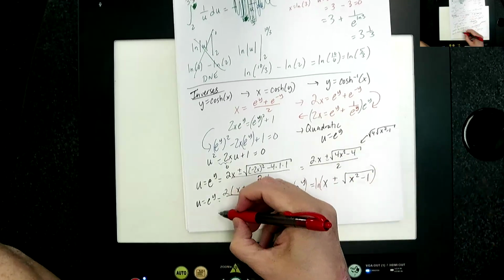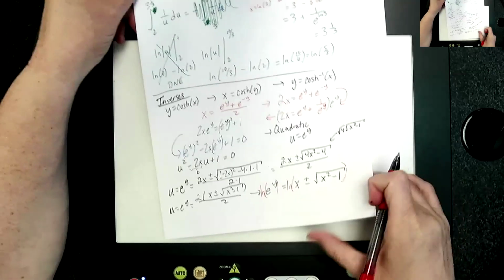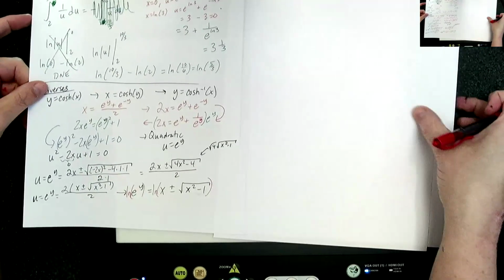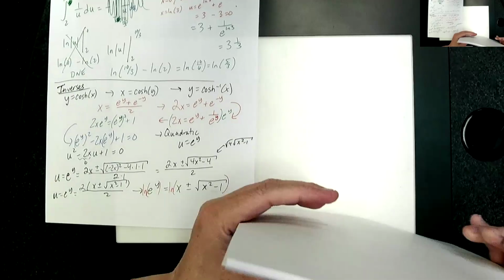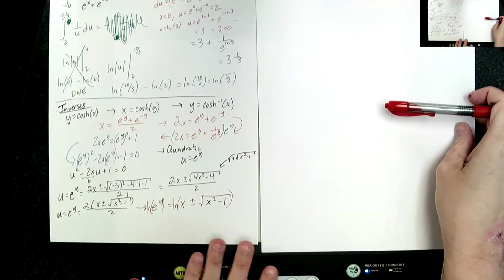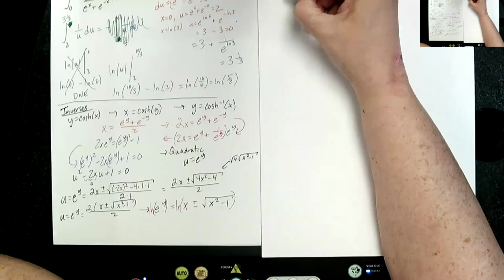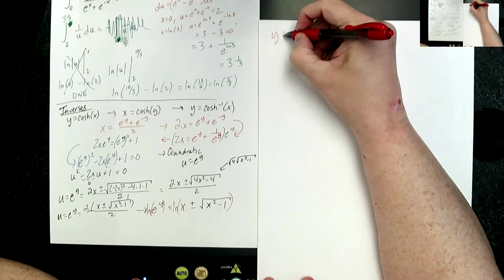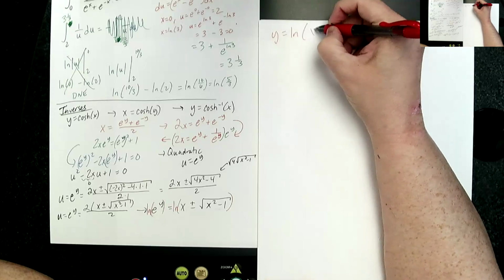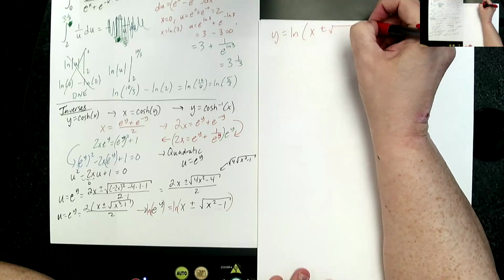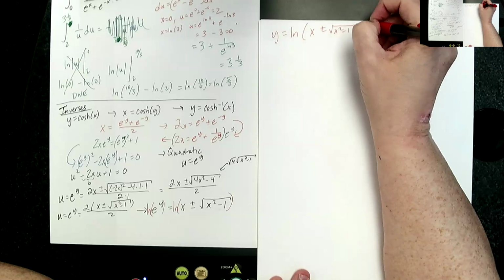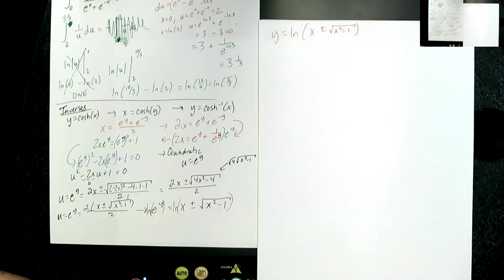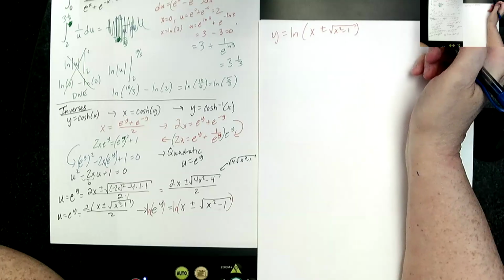I get y, I'll do this on the next page, rather than trying to squeeze it in. y equals natural log of x plus or minus the square root of x squared minus 1. Yeah, we don't leave it like that. We're gonna do a little bit of manipulation.